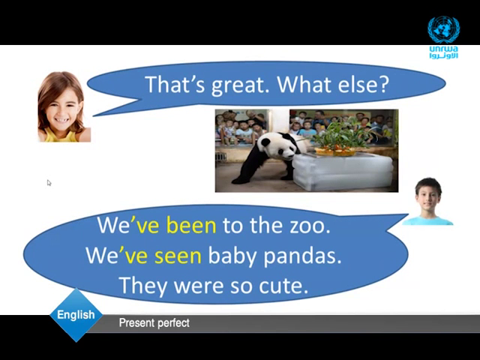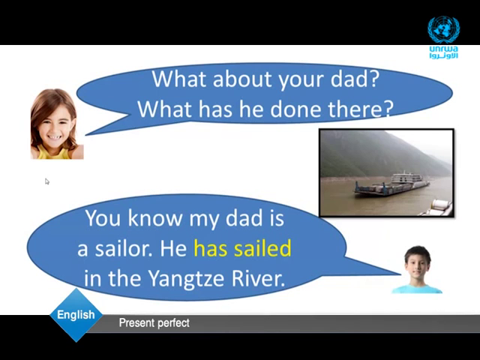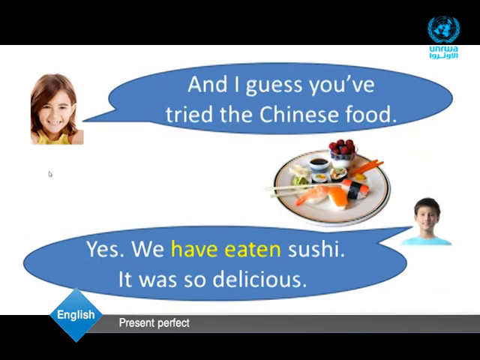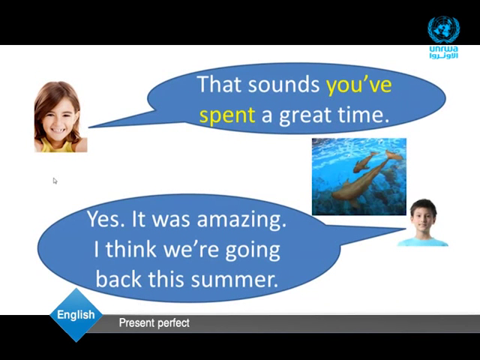We have seen baby pandas. They were so cute. What about your dad? What has he done there? You know, my dad is a sailor. He had sailed in the Yangtze River. And I guess you've tried the Chinese food. Yes, we have eaten sushi. It was so delicious. That sounds like you've spent a great time. Yes, it was amazing. I think we are going back this summer.